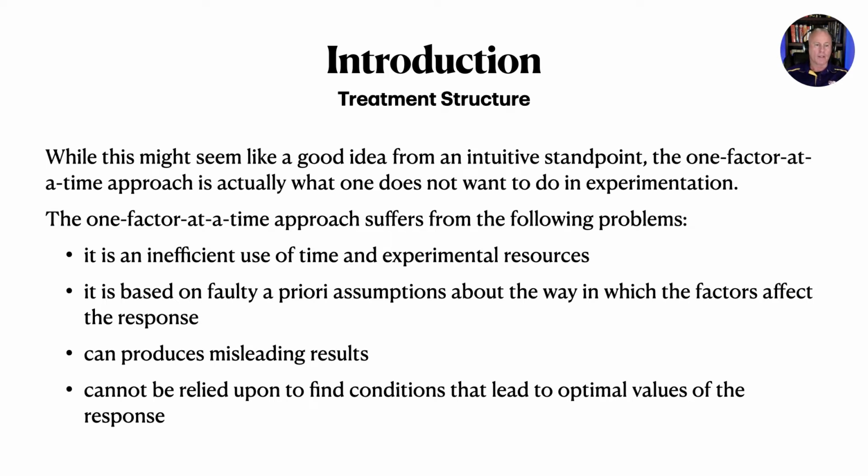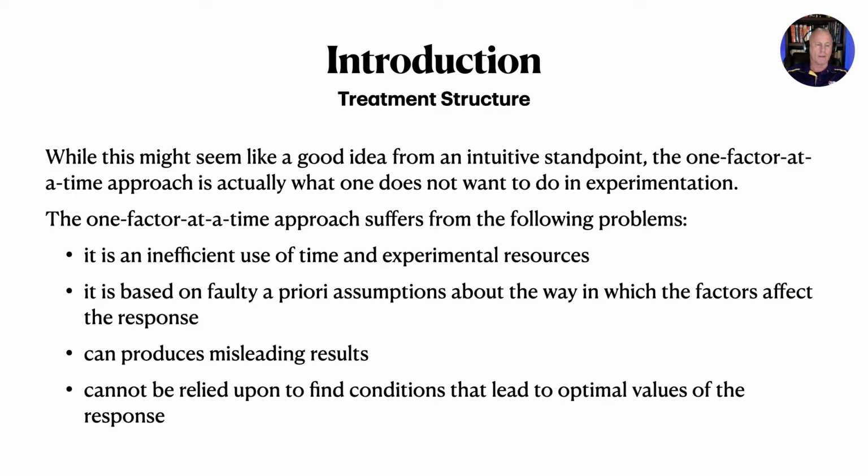Two, it's based on faulty a priori assumptions about the way in which the factors affect the response. Third, the one factor at a time approach can produce misleading results, certainly incomplete results, and often because of that lack of information, a lack of a complete picture of what's going on, the results drawn from one at a time experimentation can actually lead to misleading results.